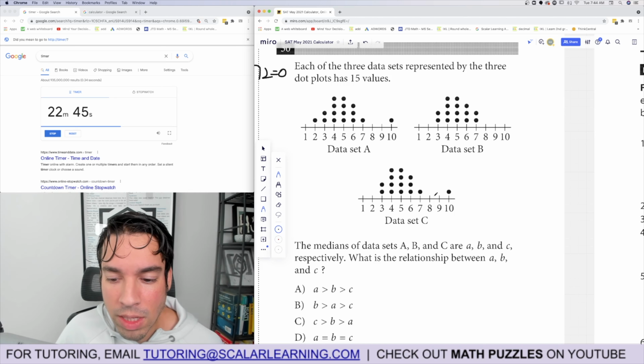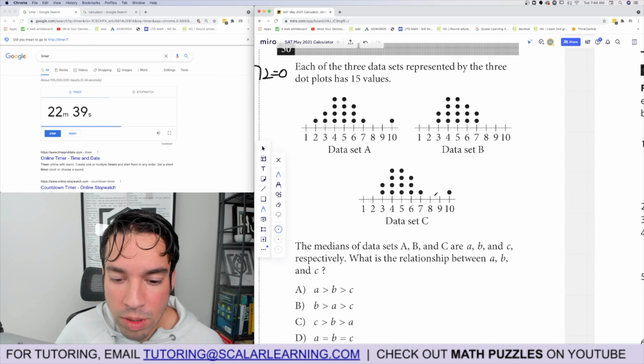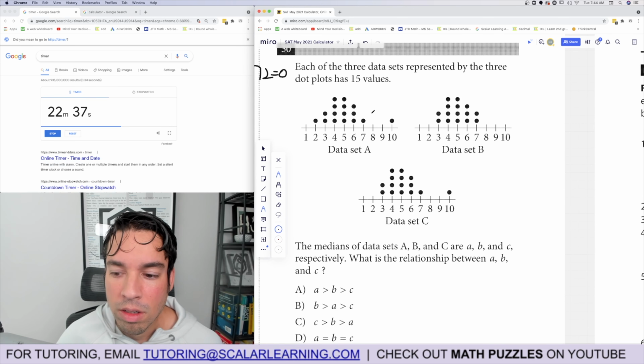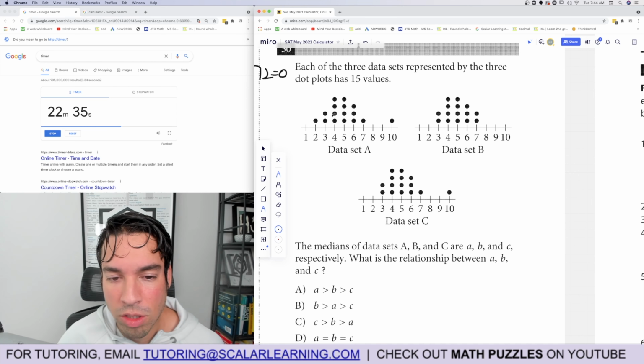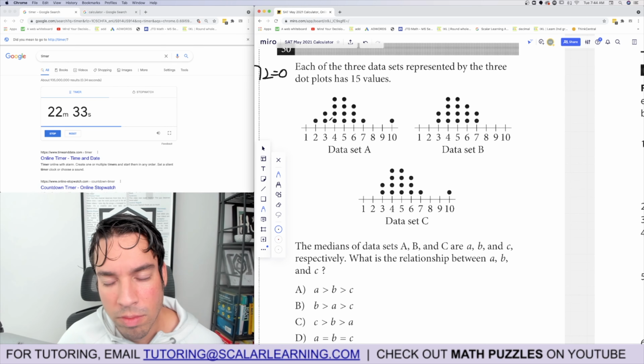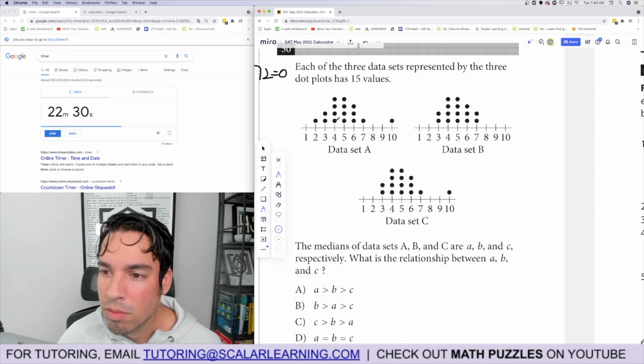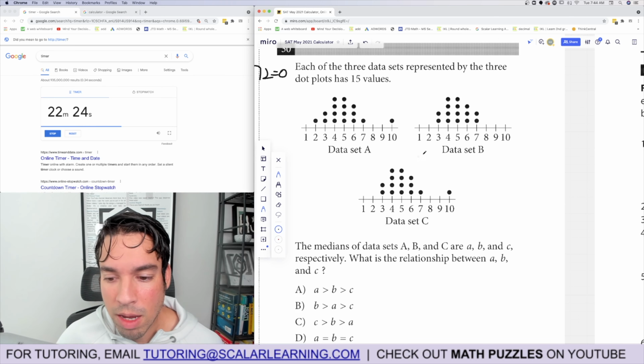The medians of data sets A, B, and C are A, B, and C respectively. Got it. Okay. The median should be between A, B, and C. So the median here is A. Wow. Okay. Anyways, let's table that for a second.